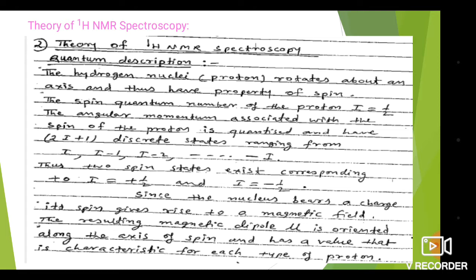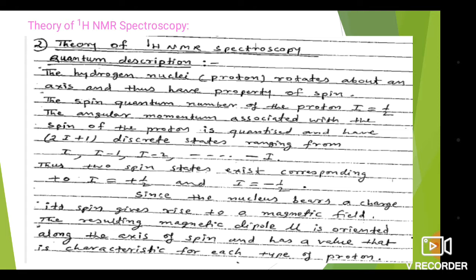In this theory, we are going to learn the quantum description of how proton NMR spectroscopy works. The hydrogen nucleus, that is nothing but a proton, rotates about an axis and thus has the property of spin. It spins around its own axis due to the nuclear spin.